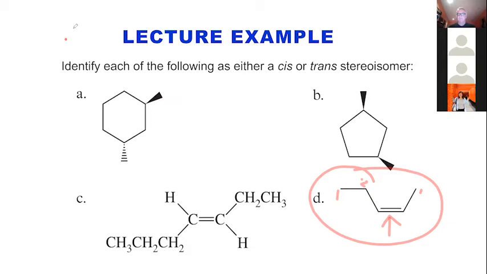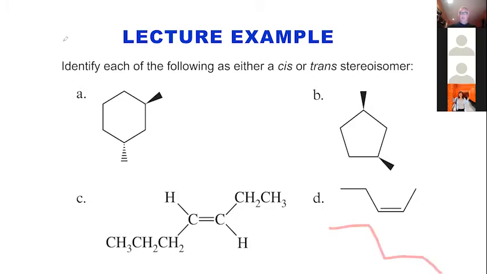Same side. So cis or trans? Cis. That's cis, right? So if we wanted to make that trans, all we would have to do is draw exactly the same thing, 1, 2, 3, and then down. So instead of this one going up, we just have it going down, and then it would be trans.